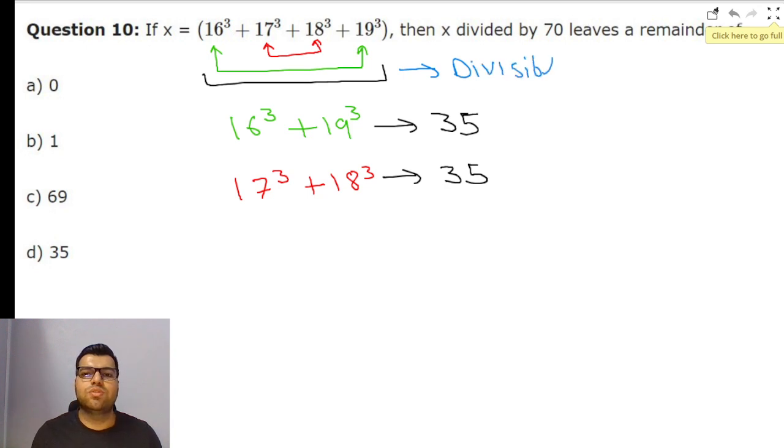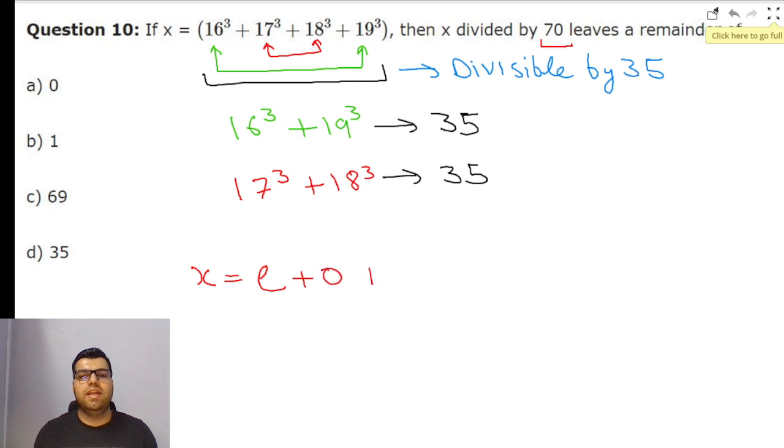Most of the students would have understood this much. But the problem is that we are not asking the remainder with 35. We are asking in the question the remainder with 70. So the next step, which you had to think additionally, is this: if you observe this number x, x is equal to 16 cube plus 17 cube plus 18 cube plus 19 cube. 16 cube is even, 17 cube is odd, 18 cube is even, 19 cube is odd.